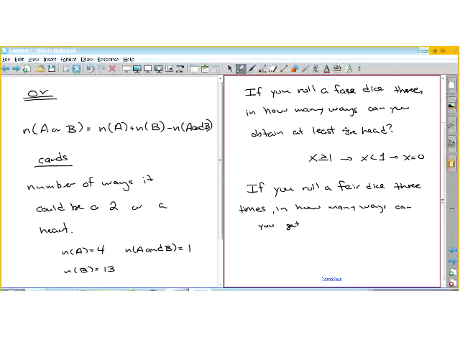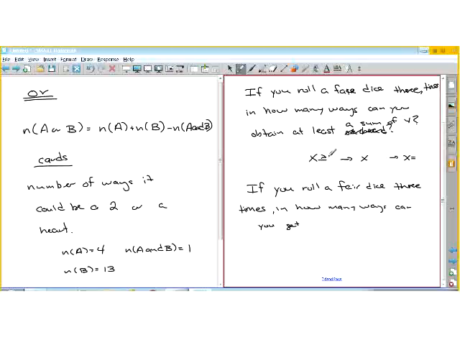So let's say at least a sum of 4. So I have to go back, I'm getting confused between dice. So let's start over again. If you roll a fair dice three times, and you add them together, in how many ways can you obtain at least a sum of 4?